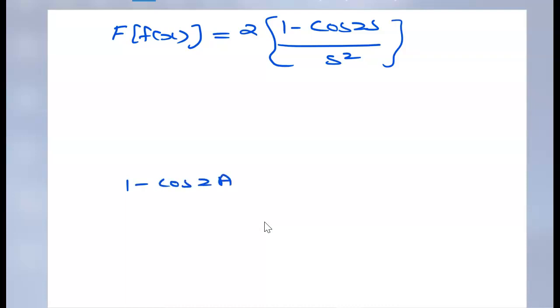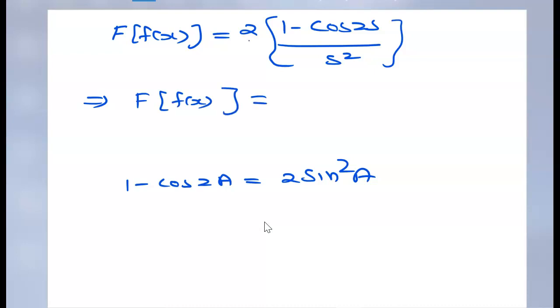cos 2a. What is 1 minus cos 2a? It is 2 sine squared a, right? If you want, you can write here: Fourier transform of f of x is equal to this 2 and this 2 is there. So I can write it as 4 times sine squared s divided by s squared.